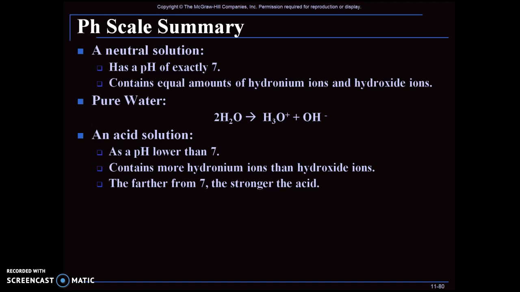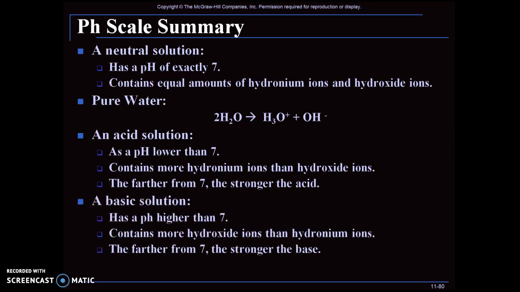It contains more hydronium ions than hydroxide ions. The farther from 7 it is, the stronger the acidity. So from 7 to 0, the acidity gets stronger and stronger. A basic solution has a pH higher than 7 and contains more hydroxide ions than hydronium ions. The farther from 7 it is, the stronger the base.